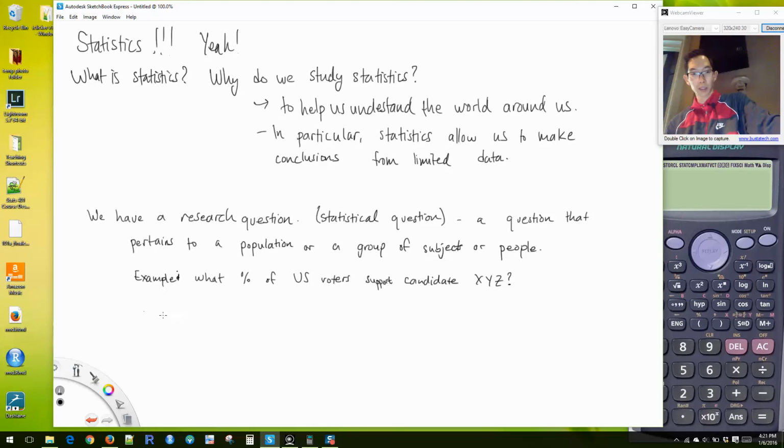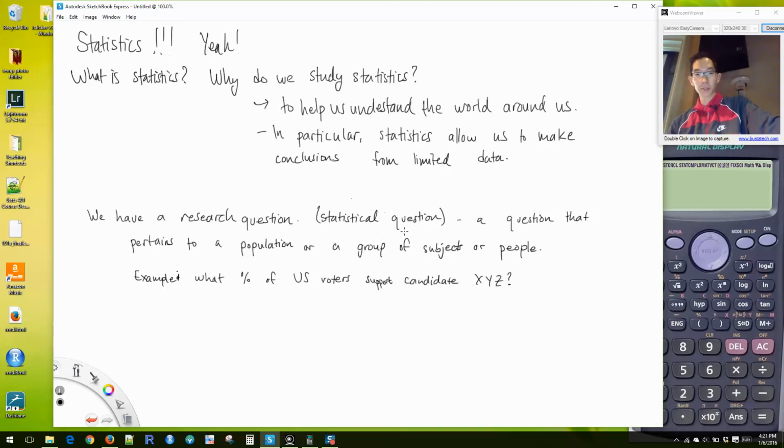Okay. And so when you read the news and it talks about the latest poll results, those are all based on limited data, okay? They didn't survey all, however many millions of voters there are, but just a select sample, okay?